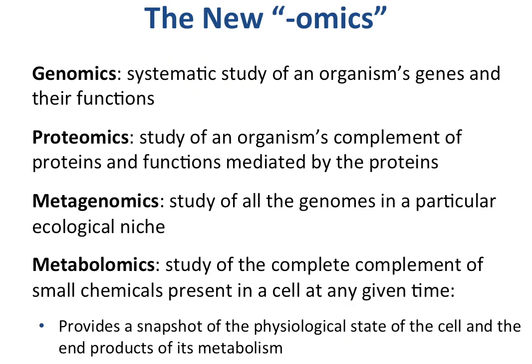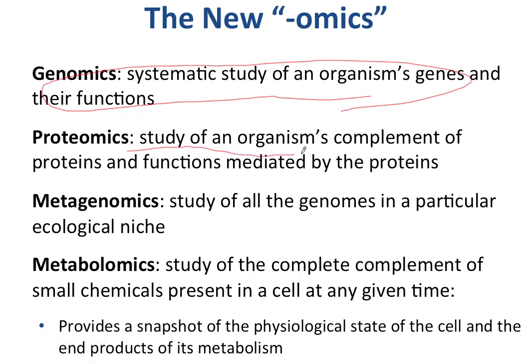The omics means the studies, the systemic study. Genomics means the systemic study of the genes, of the genomes. Proteomics means the systemic study of the cluster of proteins and the proteins' functions.